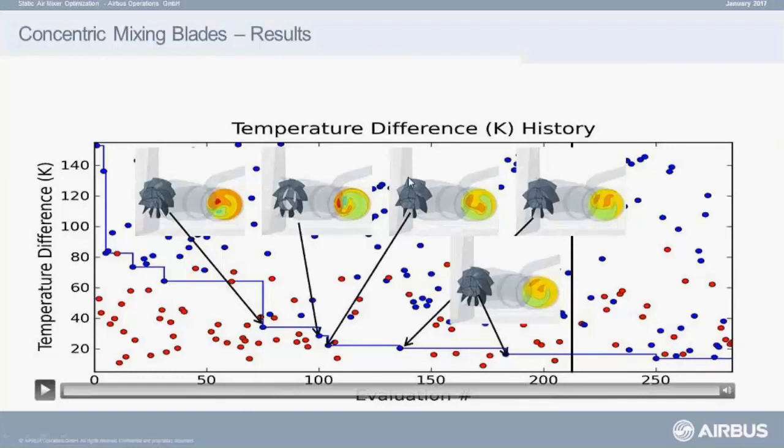But the outer regions of the flow regime in this duct are not well mixed, which means that we need to place our plates exactly in that region.